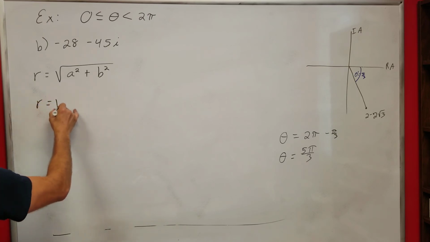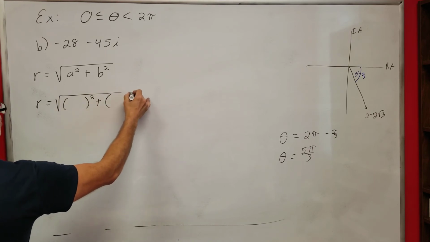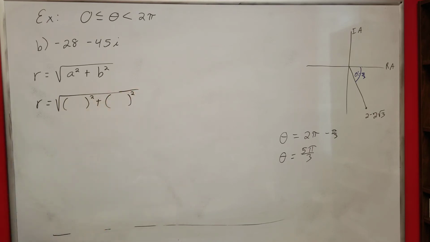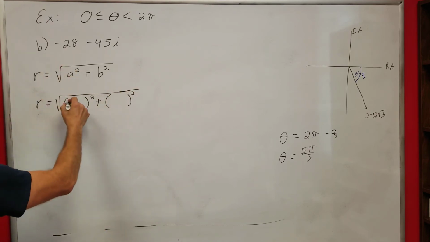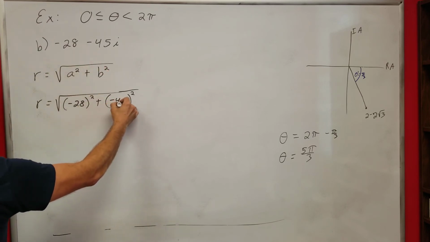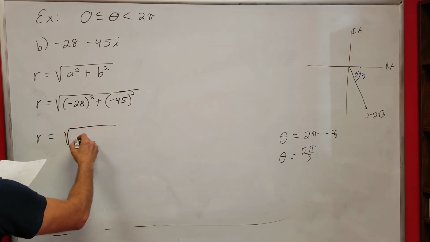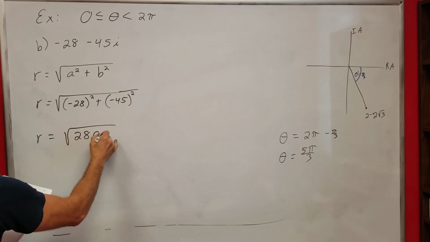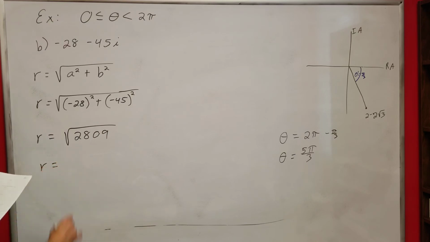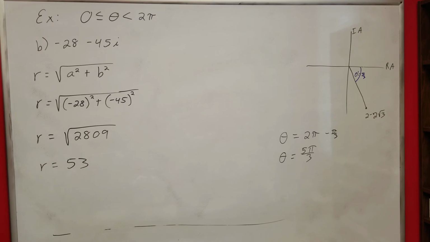What's a? Negative 28. What's b? Negative 45, right? So I get r is equal to, I can't do this one in my head. I got the square root of 2809, and that actually ends up being a perfect square. That ends up being 53, okay?